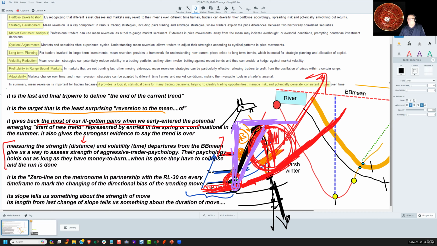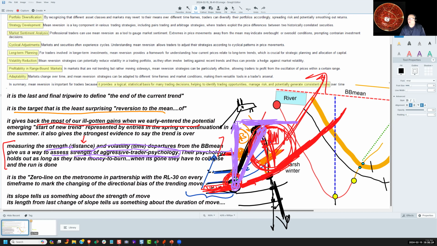And the shorter the time, the more volatile. So the distance up tells me the strength of the move. The short amount of time that it takes to do that tells me about the volatility on departures from the mean. And that allows us to measure how aggressive the trader's psychology is in making that bold move.